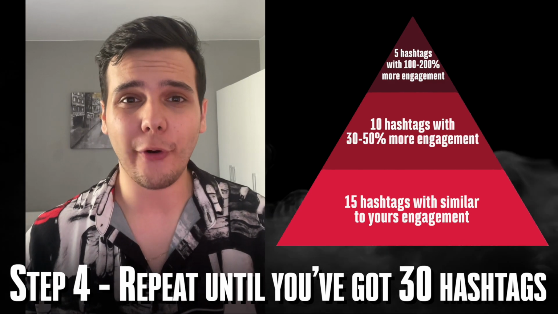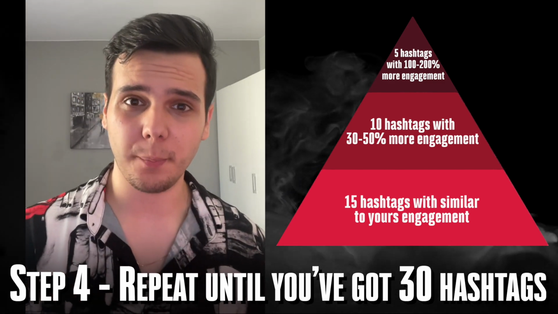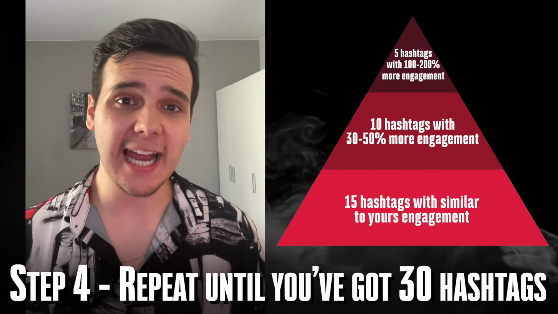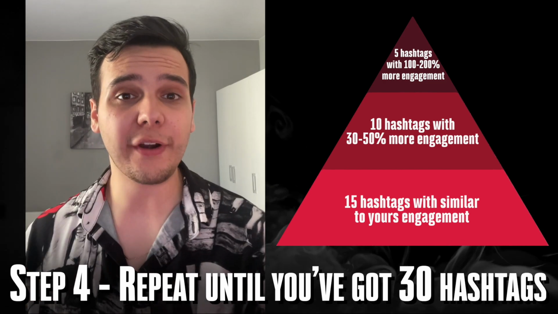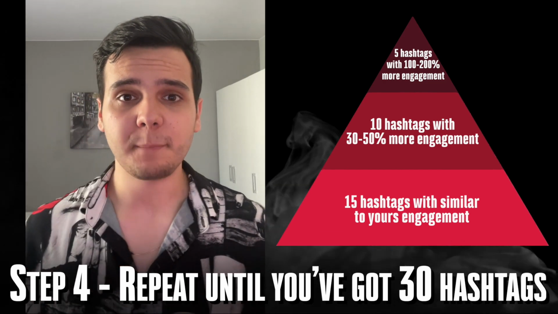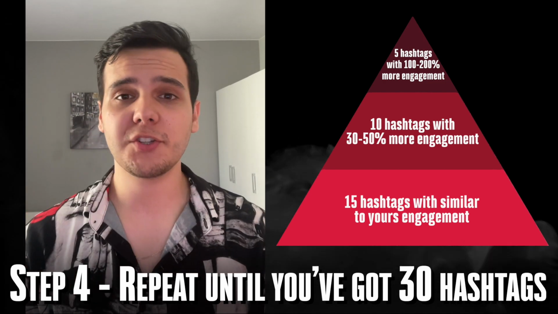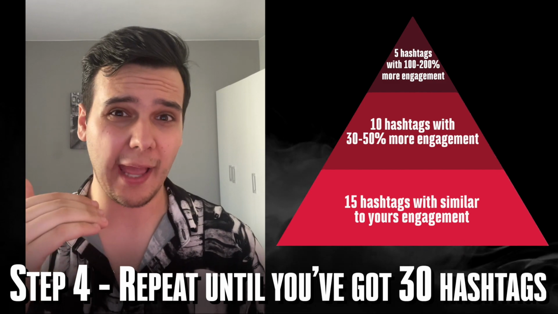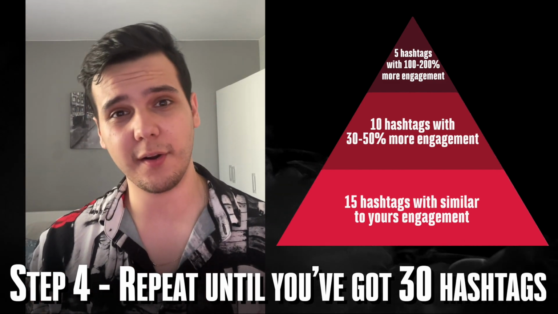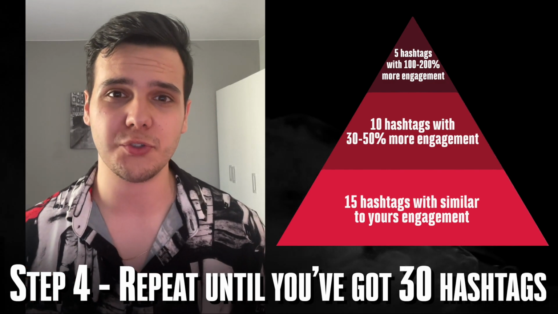You need 10 more hashtags which have 30 to 50% more engagement than your posts, and then you want 5 hashtags which have 100 to 200% more engagement than your posts. That way you make sure that you have a balanced hashtag set, which features hashtags which you can easily rank on, hashtags that you can still rank on but there is a chance to fail, and hashtags which you need a viral post to rank on.